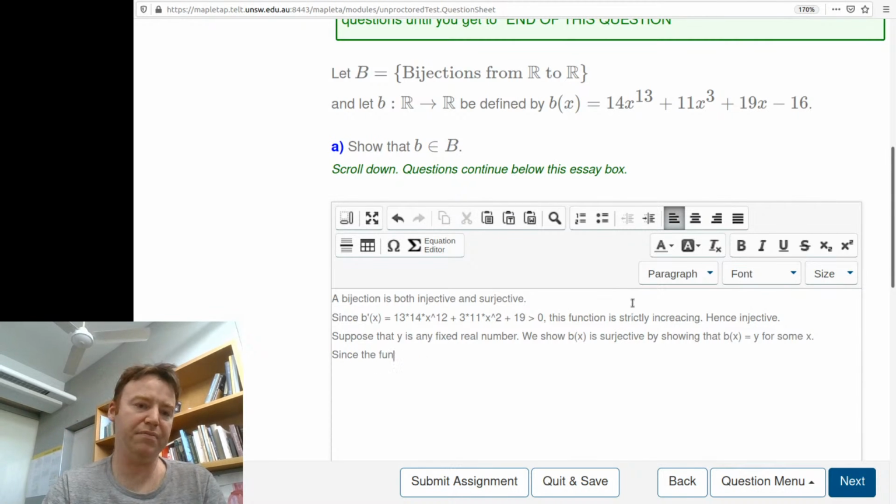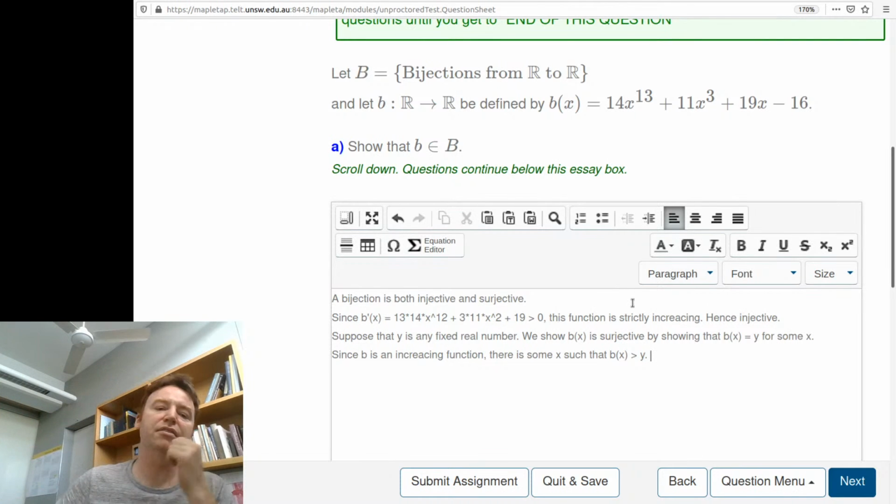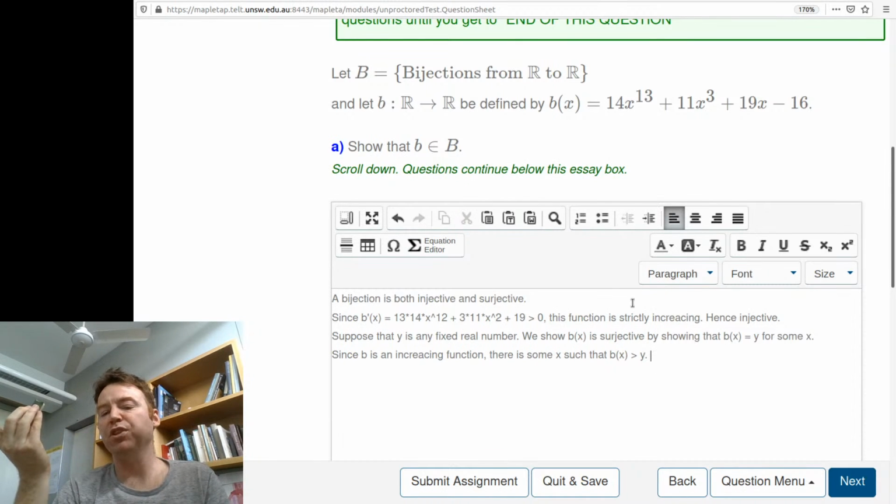Since b is an increasing function, there is some x such that b of x is greater than y. I think that makes sense. y is some finite thing, and the function b just keeps getting bigger and bigger. Oh no, actually, no, we haven't shown that it's always... We have to show that it goes to infinity.